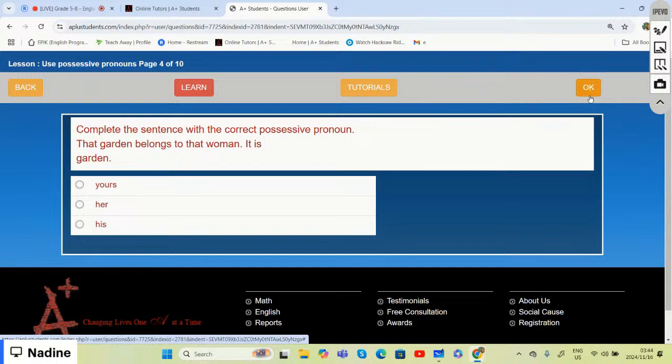And then lastly, we can say that garden belongs to that woman, so we can say it is her garden.